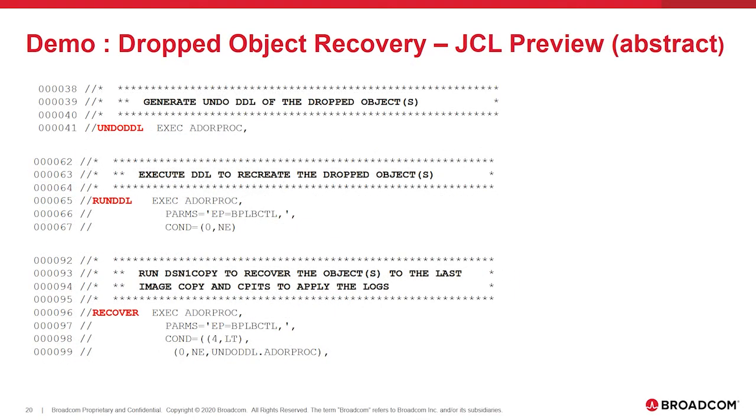You can see the different steps. The first step, undo DDL, will generate undo DDL of the dropped objects. The next step, run DDL, will execute DDL to recreate the dropped object. The recover step will run a recover to restore the object to the latest image copy and apply the log.